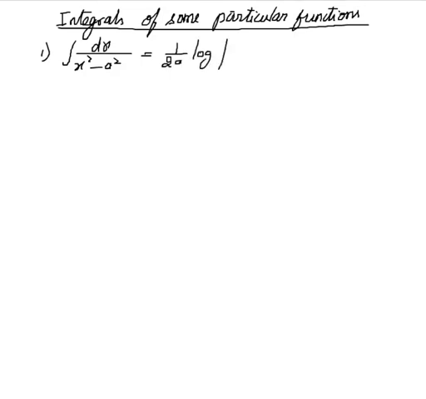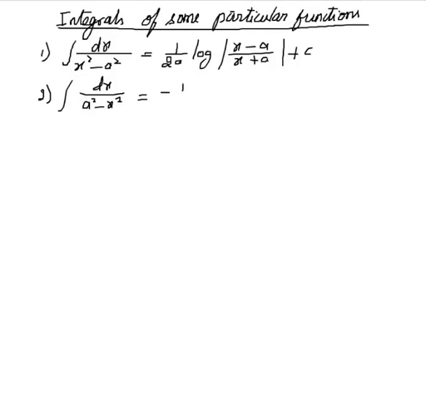of absolute value of x minus a divided by x plus a and plus c. The second formula, integral dx divided by a square minus x square. Only sign difference is there in these two.